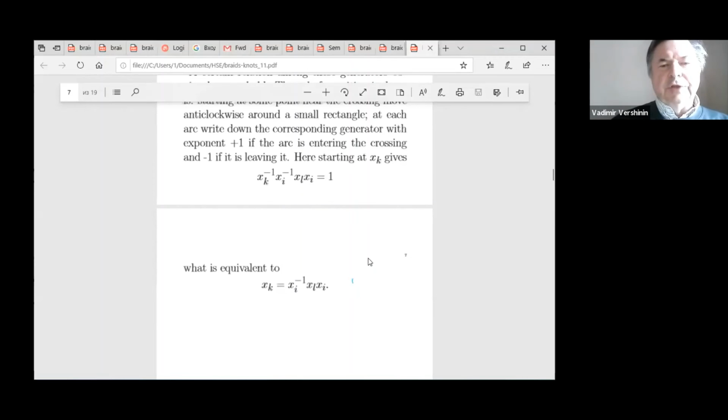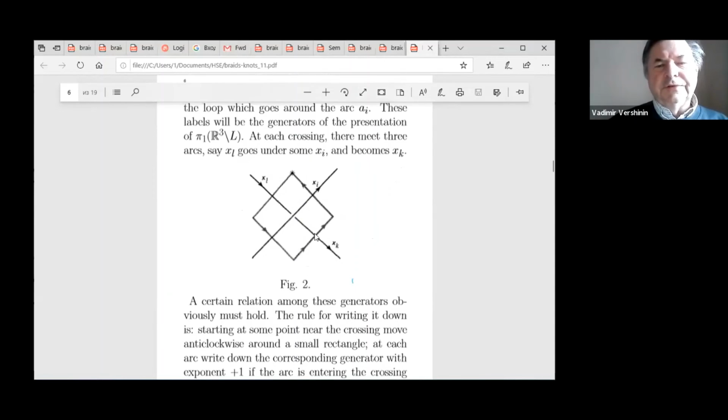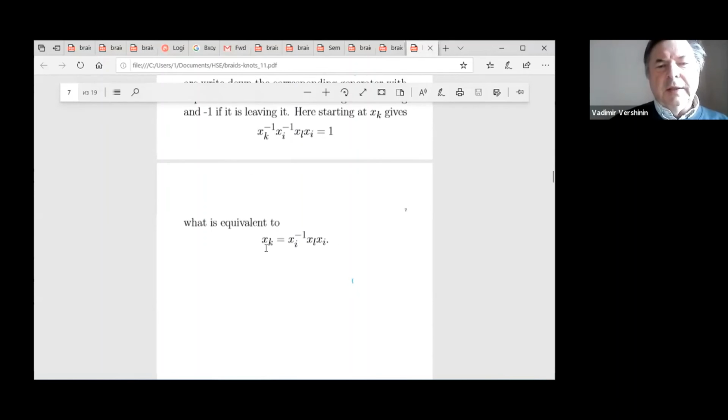Usually, working with relations, if it is a negative crossing, then you should take xk equal to xi^-1 xl xi.